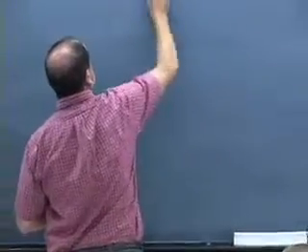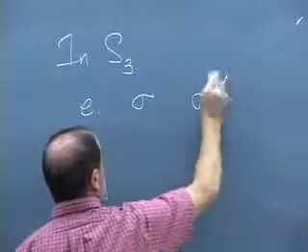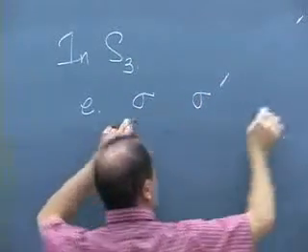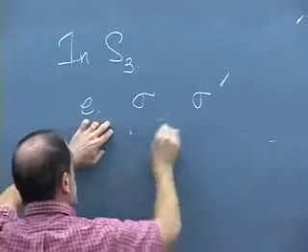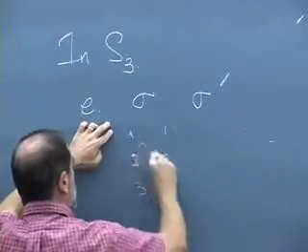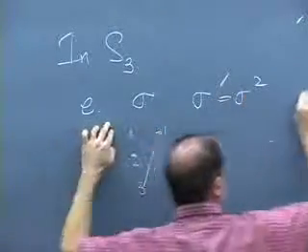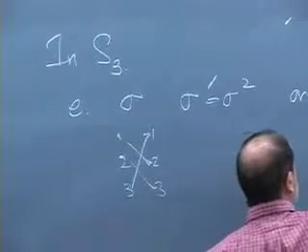In S3, the identity element, sigma and sigma prime, these are the cycles that go around in 3: 1, 2, 3. This is sigma. And sigma prime, which is its square, are even permutations.